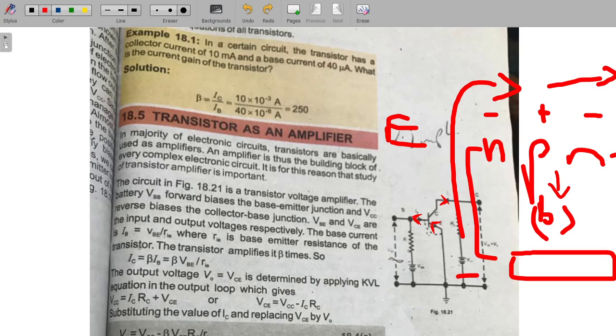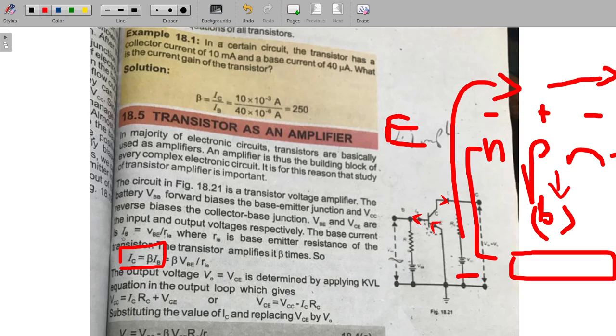And so, what do we have? We found that the value of base current is just the voltage across the base emitter over its resistance inside of this junction. And we also know that the amplification factor is IC equals beta IB. This we learned in transistor one.